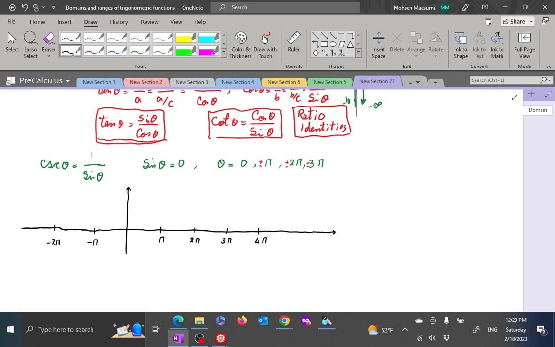So what does sine look like? At pi over 2 it becomes its maximum, and then it becomes 0, it becomes negative, then 0, then repeats, and so on it goes.